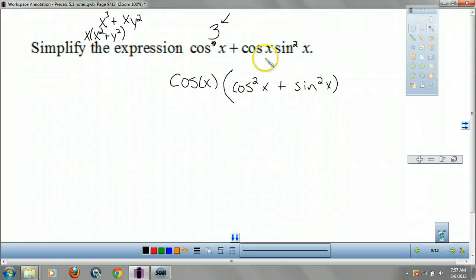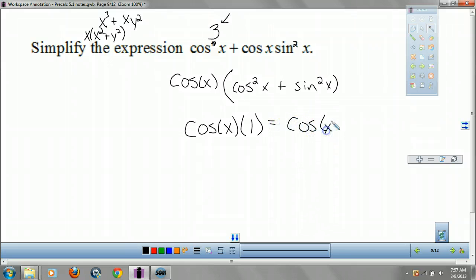So this is cosine of x times 1, which is just cosine of x. So this whole messy expression can be boiled down to just cosine of x.